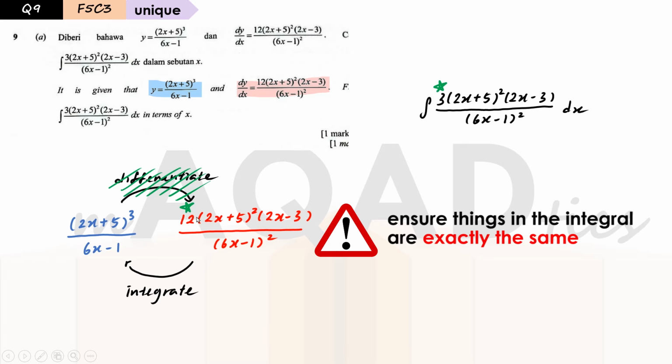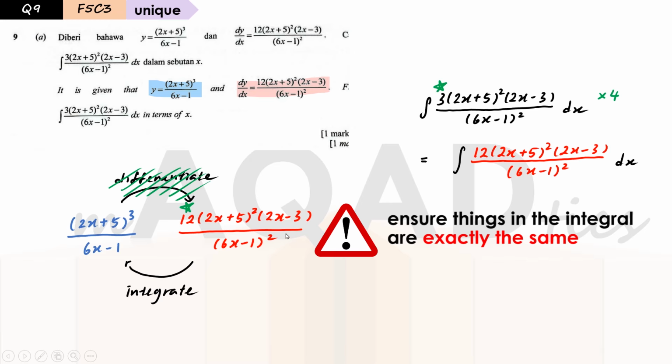So how do we do that? Here we can just multiply a value, because 3 times 4 would be 12. So we multiply 4 at the numerator, so it transforms to 12, and the entire thing in the integral is exactly the same.